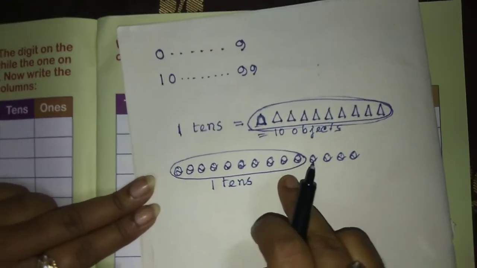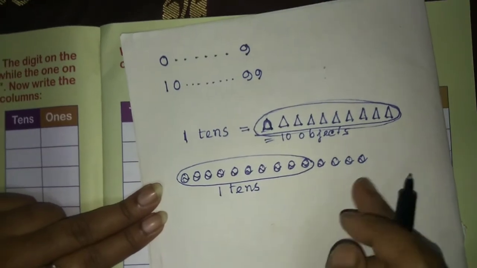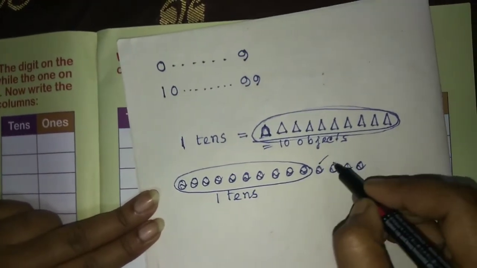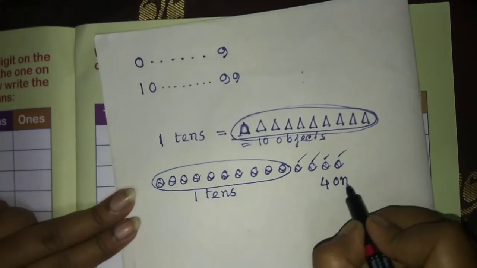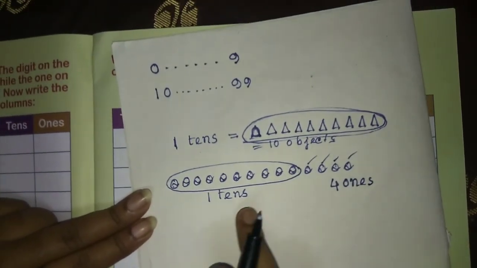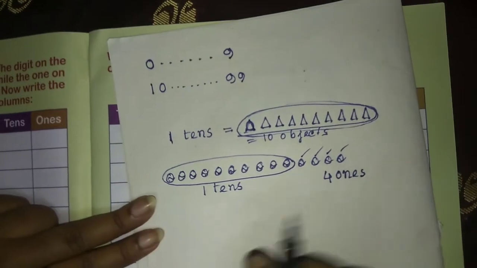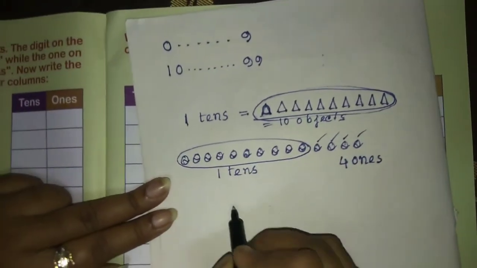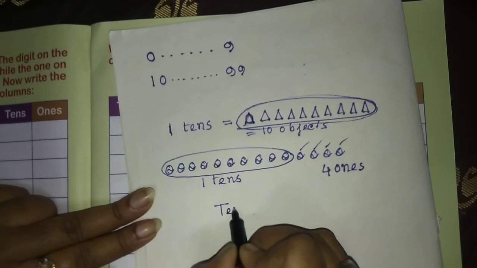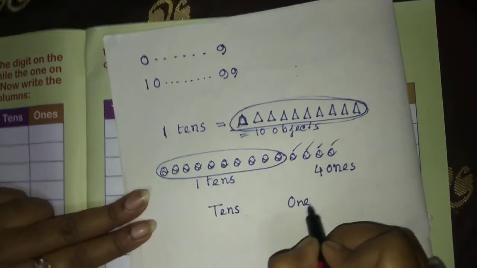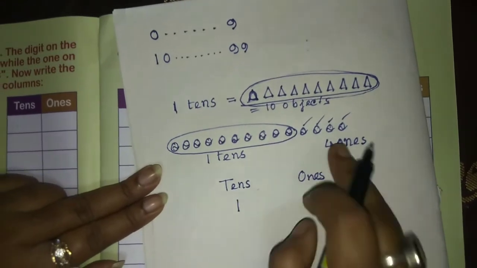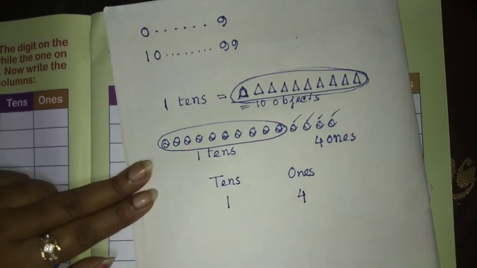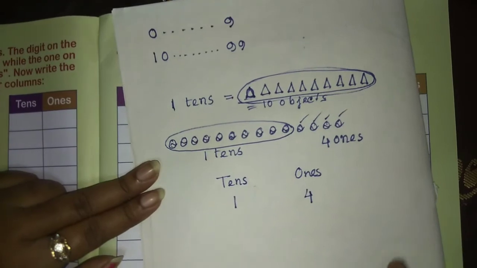So 10 objects make 1 tens, and these are loose balls, 1 2 3 4. So here are 4 ones. Okay, so 1 tens, 4 ones means, if I make two columns, tens and ones, 1 tens and 4 ones means 14.